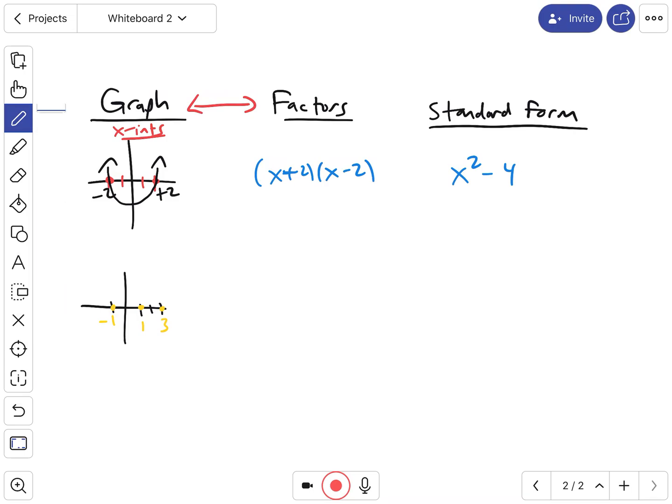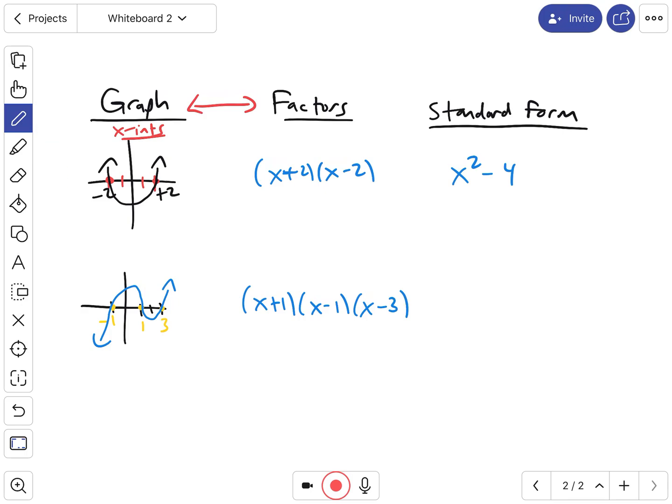So this one's going to look maybe something like this, where you have the three x-intercepts. Negative 1, that would be x plus 1. A positive 1 would be x minus 1. And a positive 3 would be x minus 3.